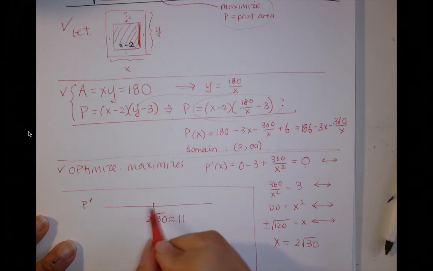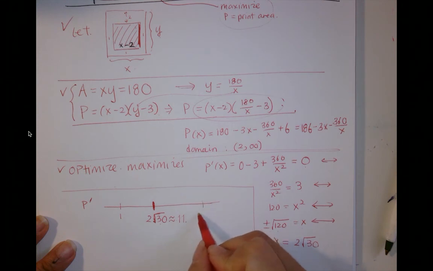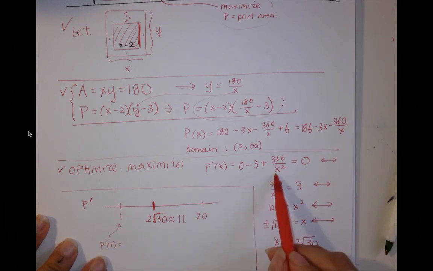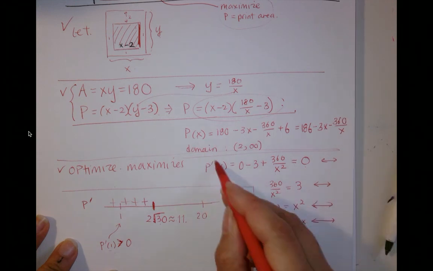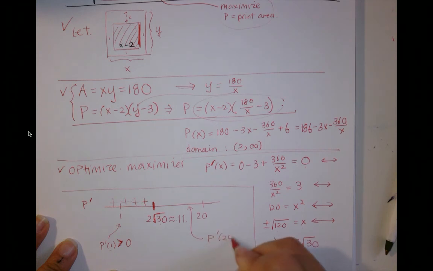Okay, so anyway, let's take a value over here like 1, and then I'll take a value over here like maybe 20. So P prime of 1 would definitely be a positive number. Okay, so this is going to be greater than 0. Just plug it into the derivative over here. P prime of 20, well, that would be negative 3 plus 360 over 400.